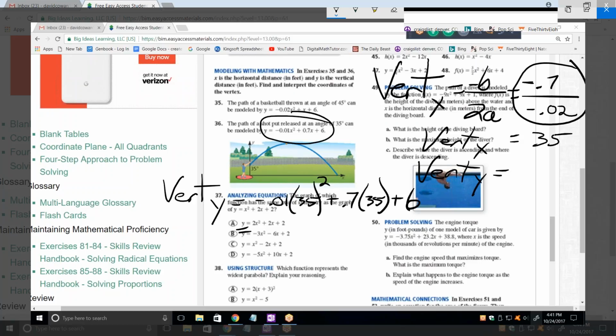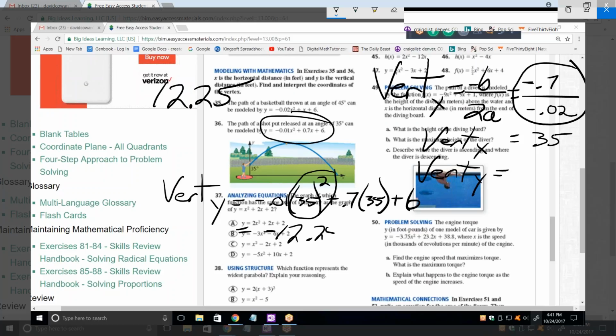Nobody expects you to be able to square 35 manually. So first do the exponential, square that. That is 1,225. Multiplying it by 0.01 moves the decimal two places and makes it negative.